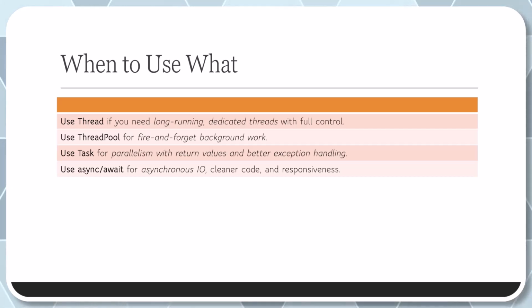So if you remember this, you will write better code in .NET, and we will write code efficiently. So this mantra: threads for long running and more control, thread pool for fire and forget, task for parallelism, async await for IO operations.